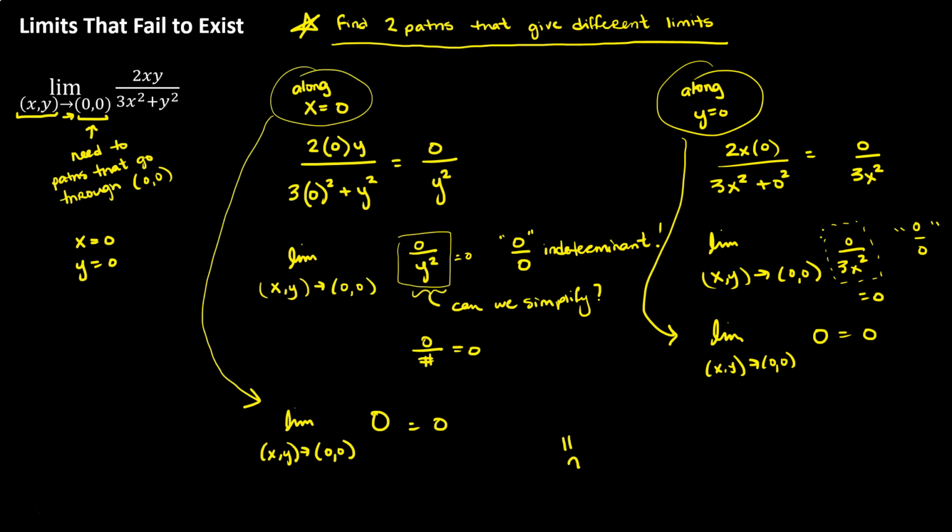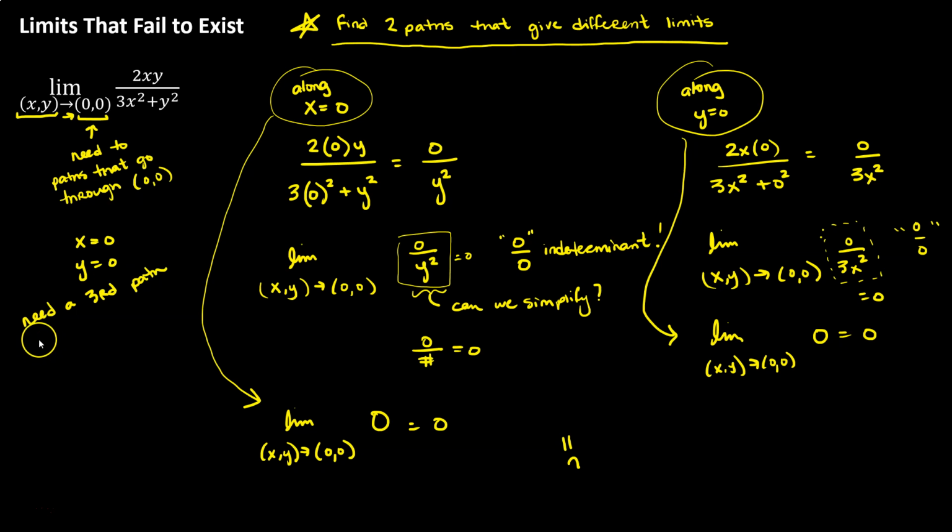So, although we did a great job finding the function limit along each of these paths, we need to find a third path. Maybe a fourth path, maybe a fifth path. We're going to keep going until we find a path that contradicts what these other two have said.